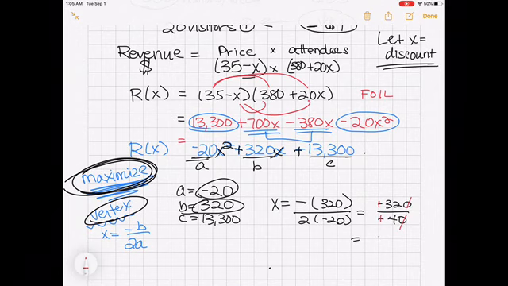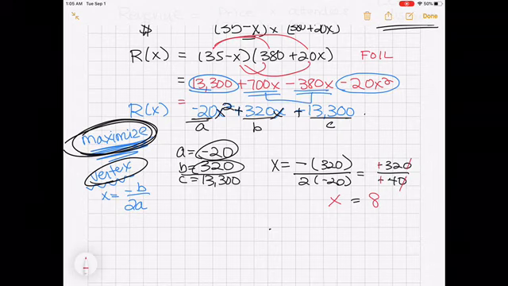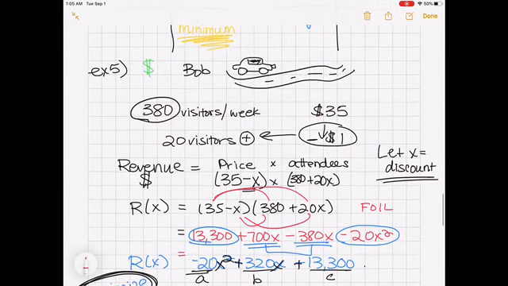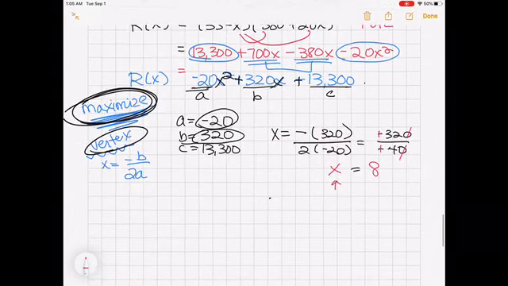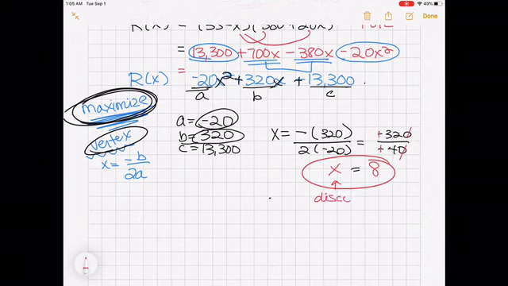And 32 over 4 is 8. So if x is 8, does that tell me what our maximum revenue is? No. Remember what we said x was? We said x was the discount, right? So in order to maximize revenue, we need to discount the price by 8.